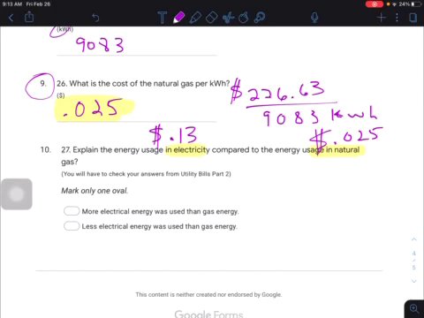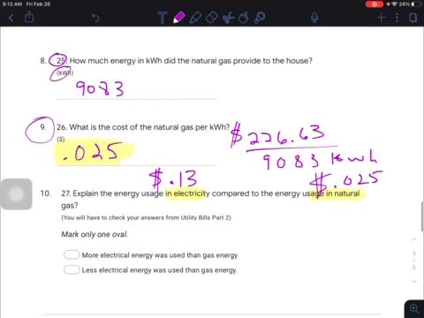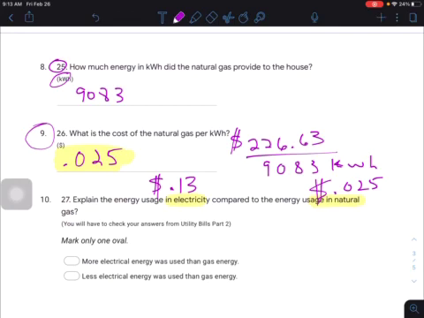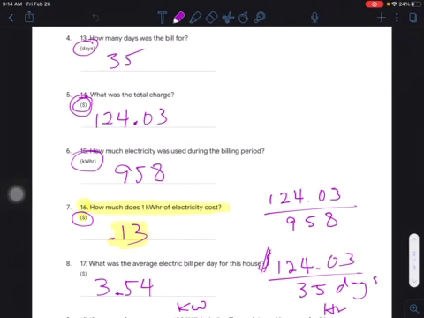Explain your answer. I'm seeing less electrical energy was used than the gas energy. So actually, I'm comparing the wrong thing here. Let's go back to the gas energy. So we had 9,083 kilowatt hours here, and part 2, kilowatt hours.